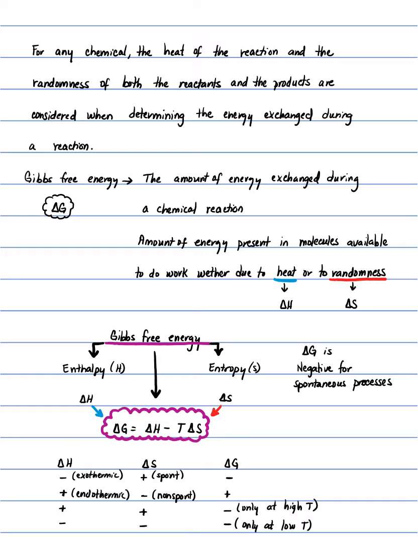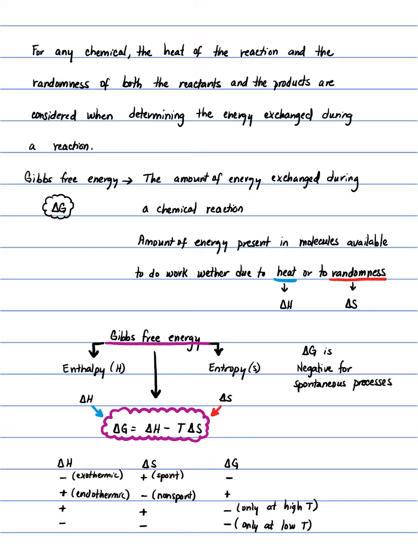So I have a summary of all of the signs and what we can expect to get for the delta G. The first column on the table represents the signs for the delta H. And then we have a column for the delta S and then what we are expecting for the delta G.